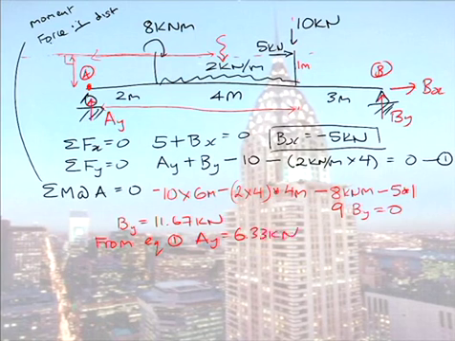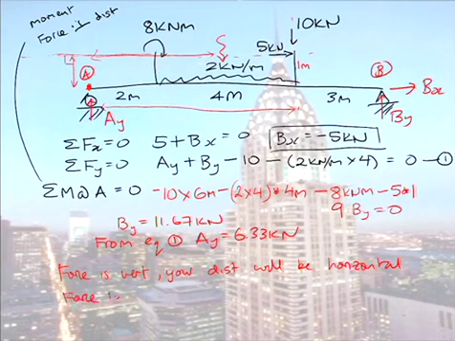So, in saying a moment is a force times a distance, if your force is vertical, your distance will be horizontal. If your force is, guess what, horizontal, your distance will be vertical.